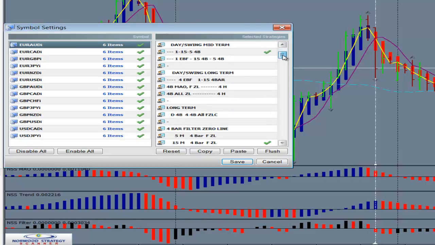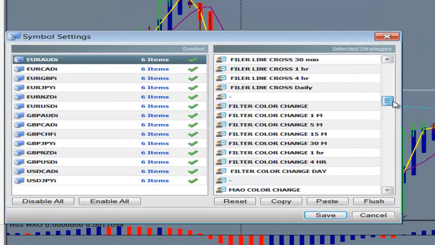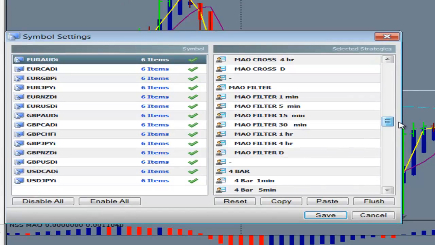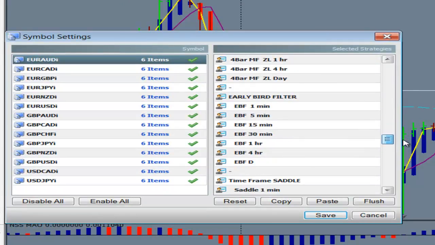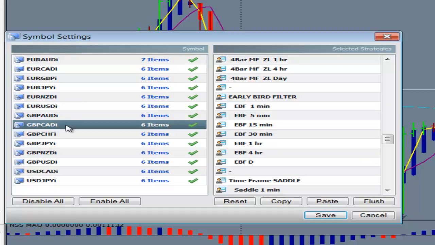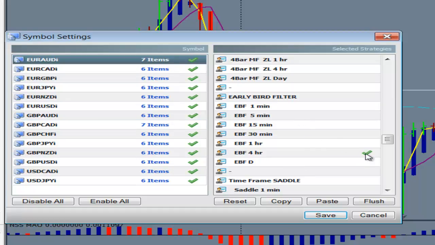So you go down here in the list, and we have an early bird filter, EBF, early bird filter. You just click on the 4 hour, and we are on the pound CAD, for example. So you click on the pound CAD, and that's what you want on the 4 hour. And you go back to this one, and you want to take that off.